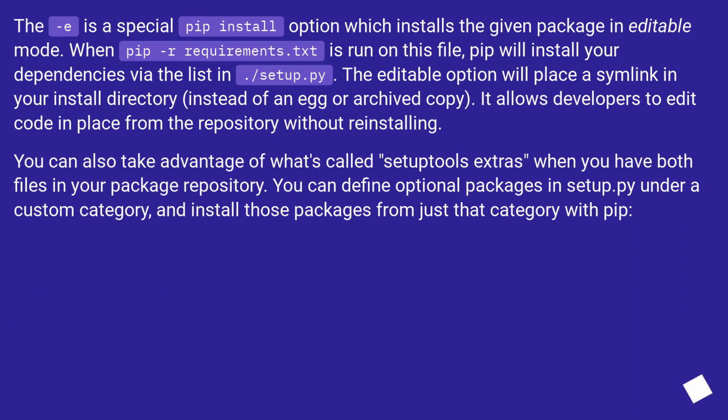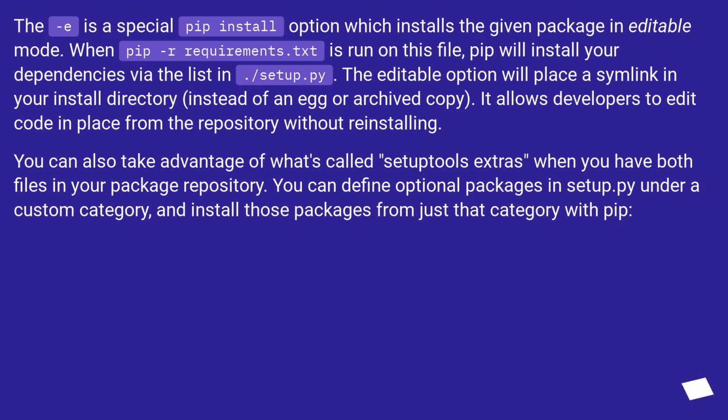When pip install -r requirements.txt is run on this file, pip will install your dependencies via the list in setup.py. The editable option will place a symlink in your installed directory, instead of an egg or archived copy. It allows developers to edit code in place from the repository without reinstalling.